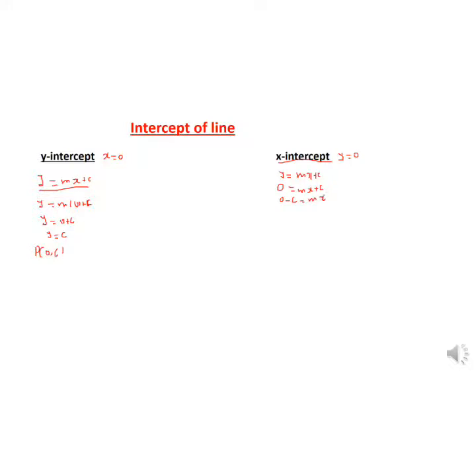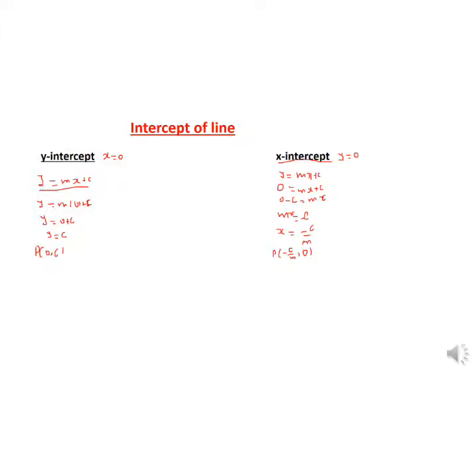So now x is equal to minus c over m. So now you have the x-intercept point, which becomes minus c over m and 0.